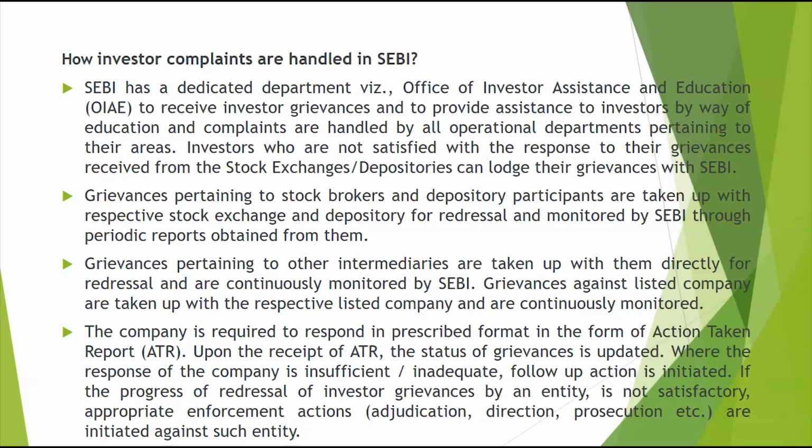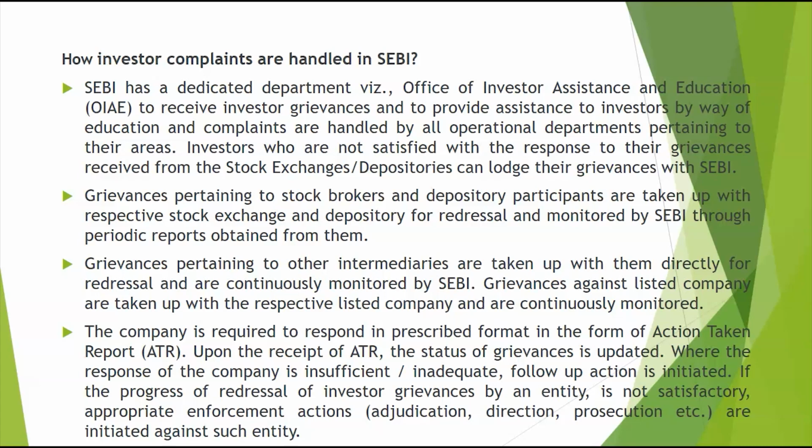Grievances against a listed company are taken up with the respective listed company and are continuously monitored. The company is required to respond in a prescribed format in the form of an action taken report. Upon receipt of the ATR, the status of the grievance is updated.